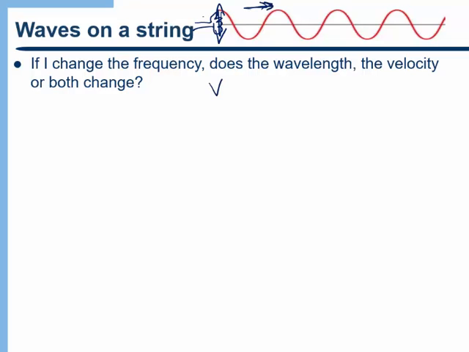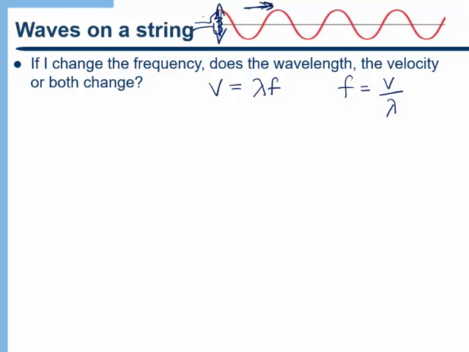Well, we've got this formula that v is equal to lambda times f. And so if I change f, just looking at this formula, I can't really tell, because if f changes, v could change, lambda could change, or both. But here we have to remember the key thing we just learned, which is that the speed of a wave depends on the properties of the medium.